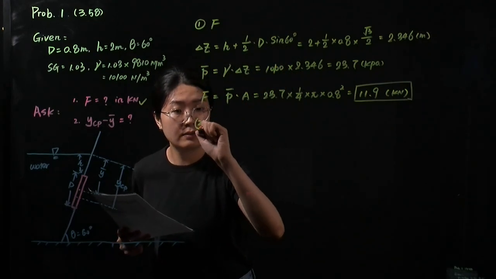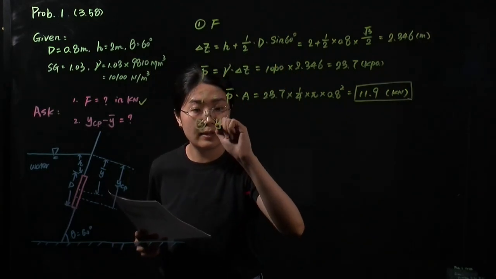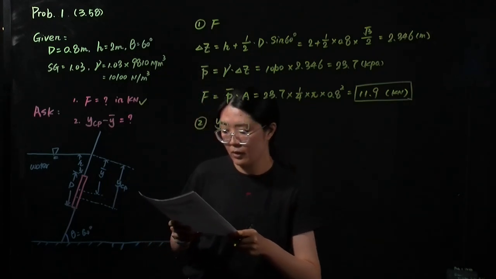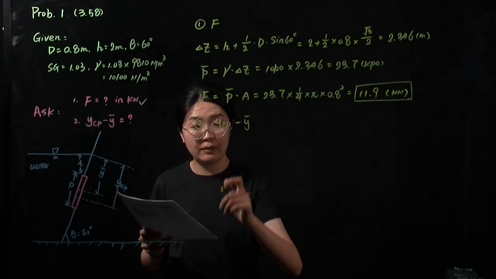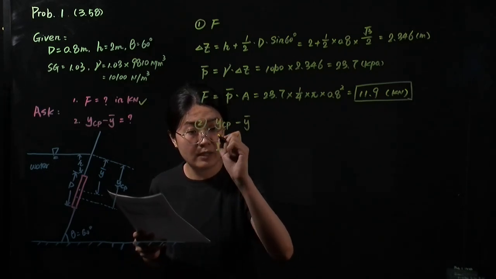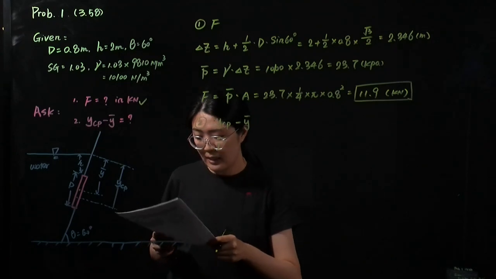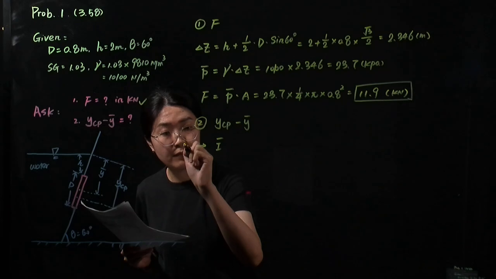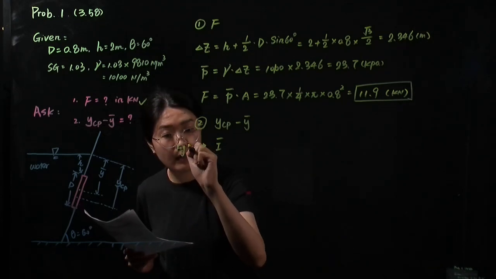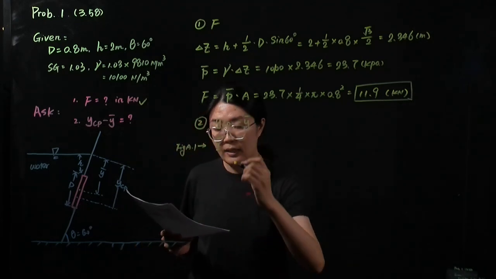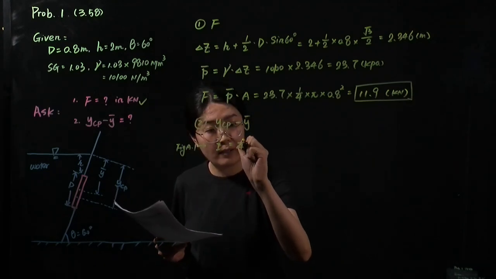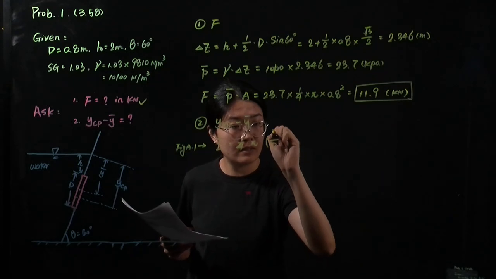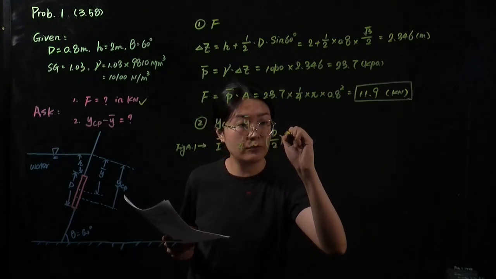Now let's solve the second one, which is to calculate YCP minus Y bar. To do that, first we need to calculate the area moment of inertia. It's based on figure 8.1, it equals 1/4 times pi times d/2 to the power of 4.